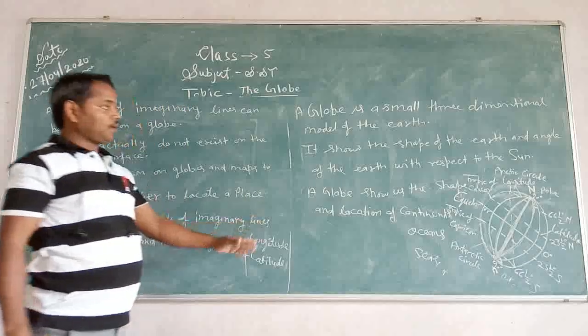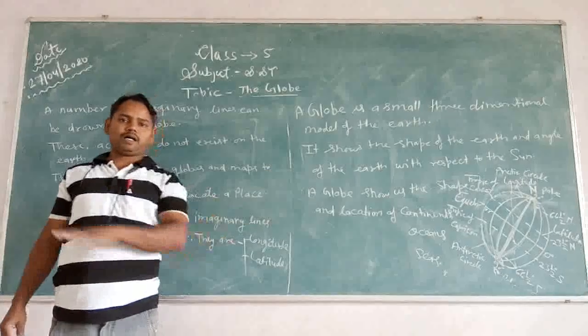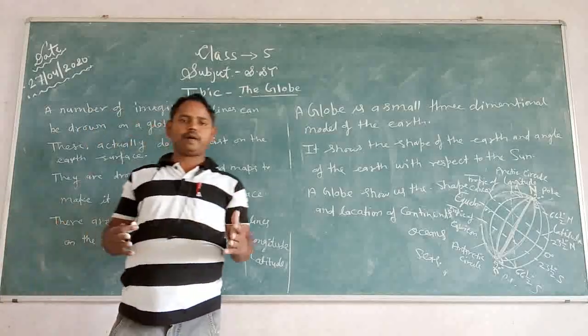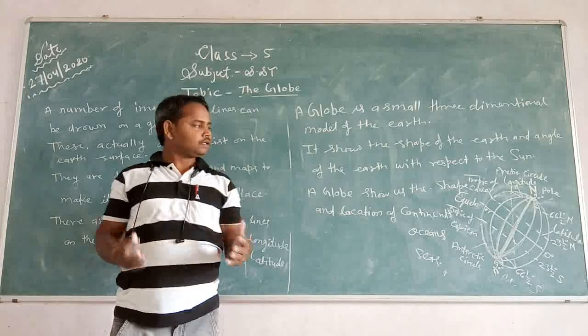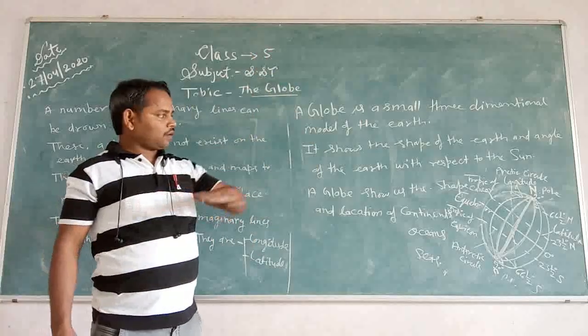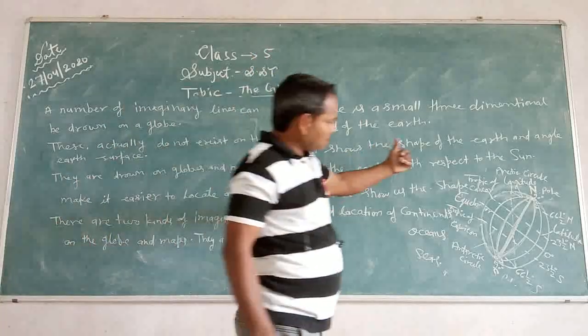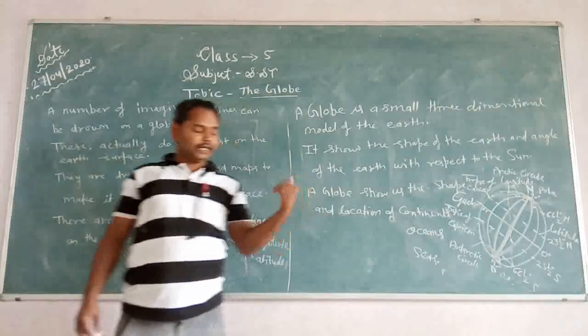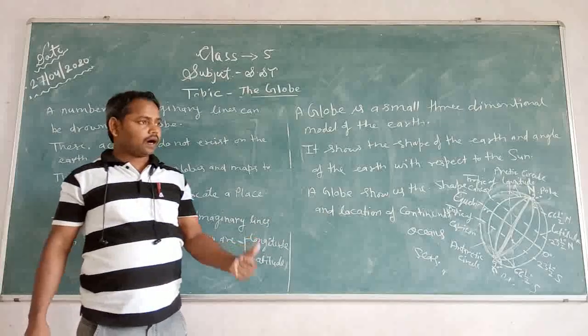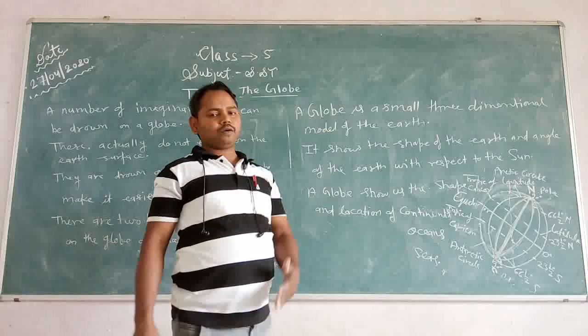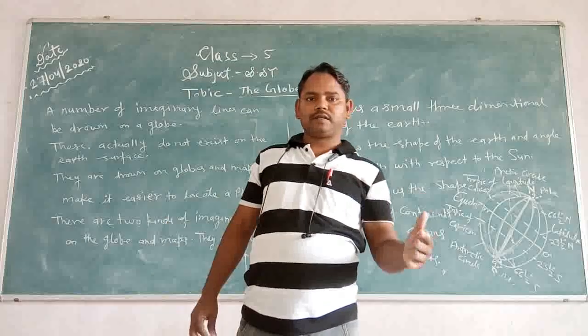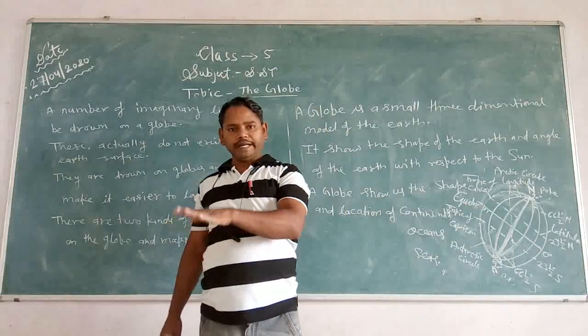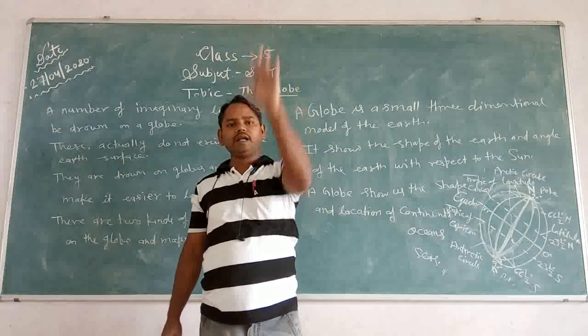All horizontal lines on the globe are known as latitude lines, and all vertical lines on the globe are known as longitude lines. Horizontal latitudes, vertical longitudes.